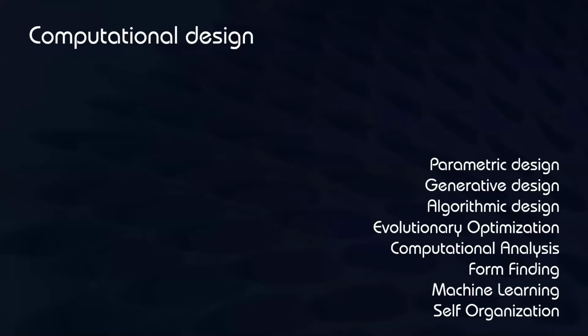Like parametric design is based on the mathematics and the parameters that we use to guide a mathematical function. Generative design in brief would be the possibility to generate multiple outputs using these parameters that we set in the parametric design approach.